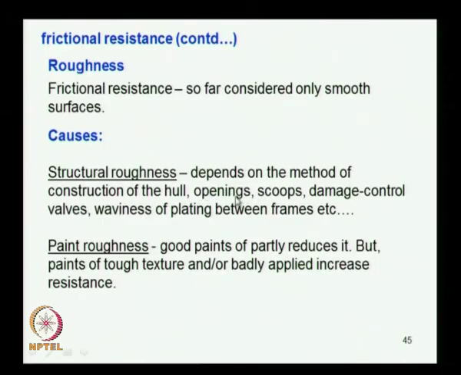Then openings. On the hull you may have different openings underwater, because you have to take in seawater for various purposes: ballasting, seawater cooling of the main engine, cleaning, and various operations. These openings on the surface will naturally give more roughness to the hull surface, which adds to the resistance.